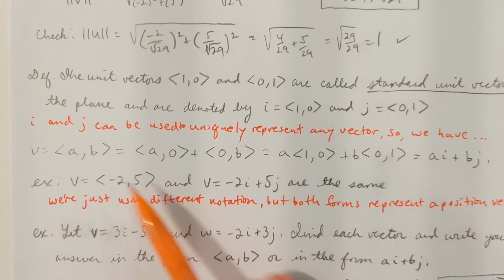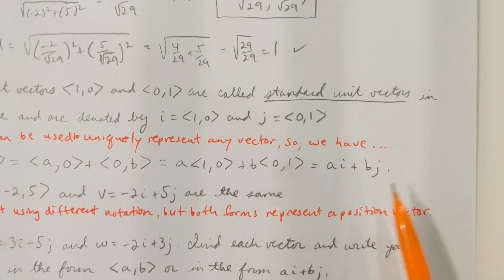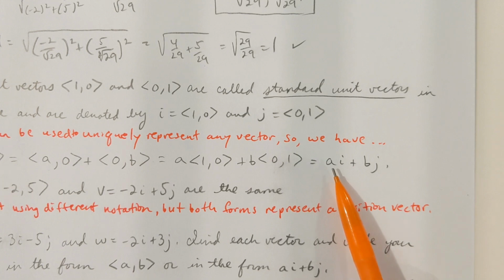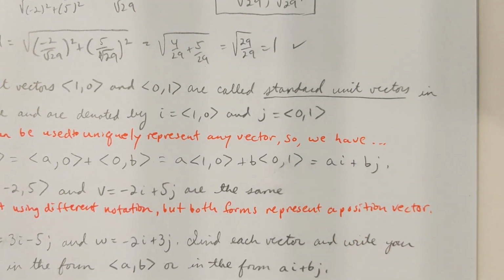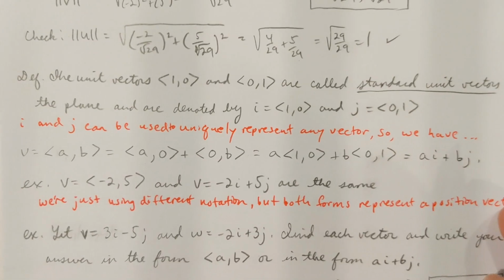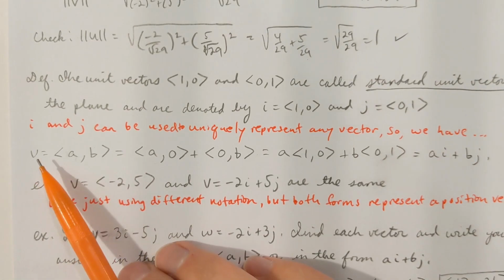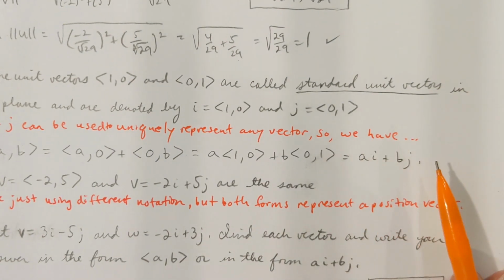So vector v is represented by <a, b>. You can also write vector v using this notation, ai plus bj. And that's a notation that your book chooses to use. I mentioned that a lot of books will have bold letters for representing a vector. If you're using the ij notation, i and j will also be bold.